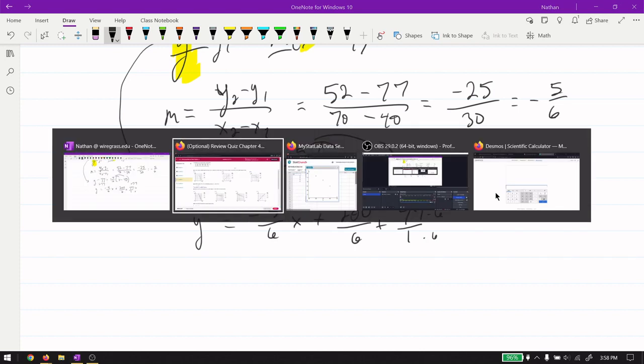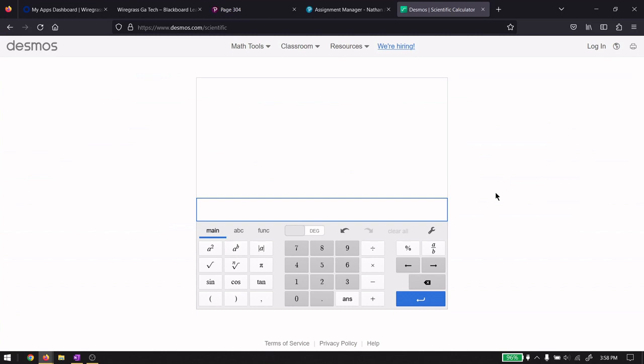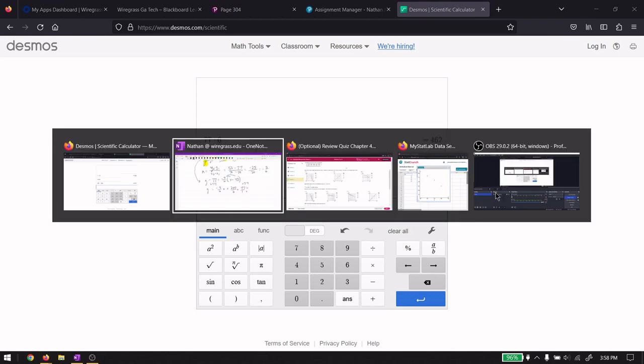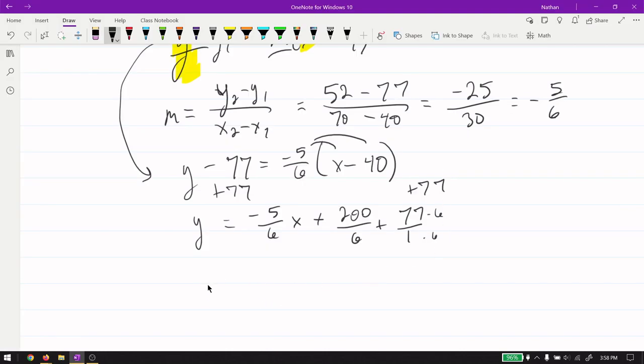Let's get a calculator for this. 462 plus 200. So we're going to get y equals negative 5/6 x plus, what was it?